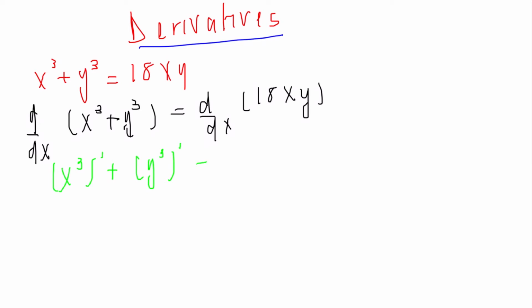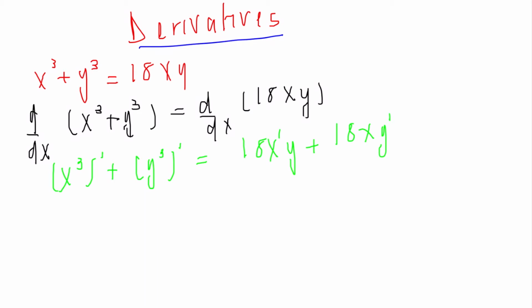Here we have x and y, both of them functions that I need to differentiate, so I'm going to use the product rule. First I differentiate x, so it's x prime times y, and then I add, this time differentiating y, 18x y prime.